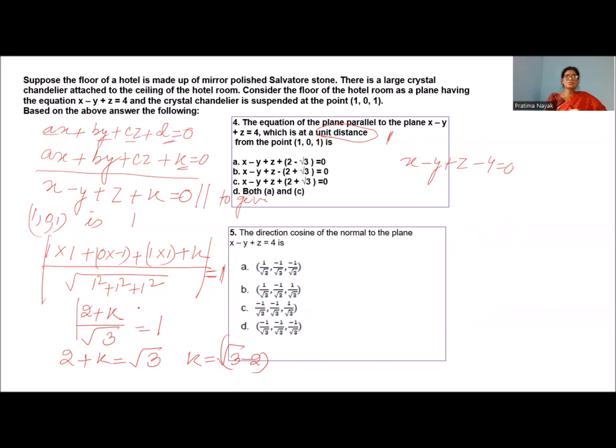So when the modulus is root 3, I will get 2 plus k is equal to root 3, or I will get 2 plus k is equal to minus root 3 also. So k is equal to minus root 3 minus 2. So one time k is this, one time k is this.